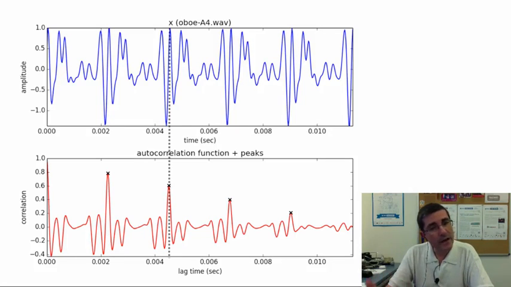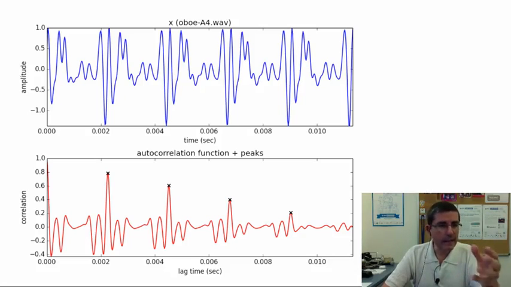And then the lag of 2 periods is also a local maximum, smaller, and since there is a tapering also, this keeps decaying with lag time. But let's say that the autocorrelation function for such a clear periodic sound is a quite good measure of the period, and therefore of the fundamental frequency.